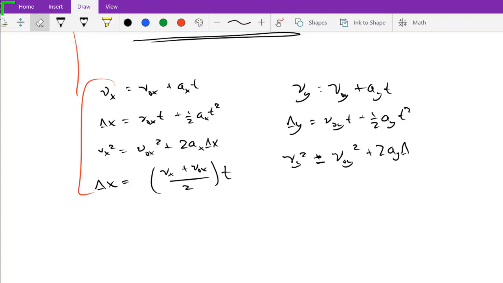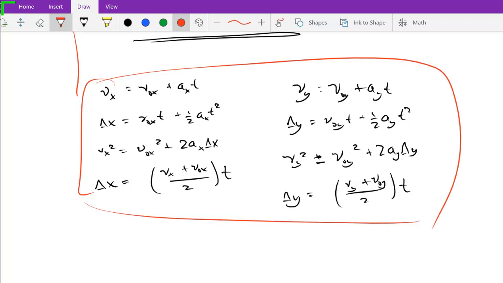Sorry, that's delta y. And delta y is equal to Vy plus V naught y over 2 times time. So we have just repeated the kinematic equations in the y direction, right? So now instead of having 4 kinematic equations, we have 8 kinematic equations, but they're not really new equations. We just apply them in another direction. And if we had 3 dimensions, then we could have all these duplicated again in the z direction as well.